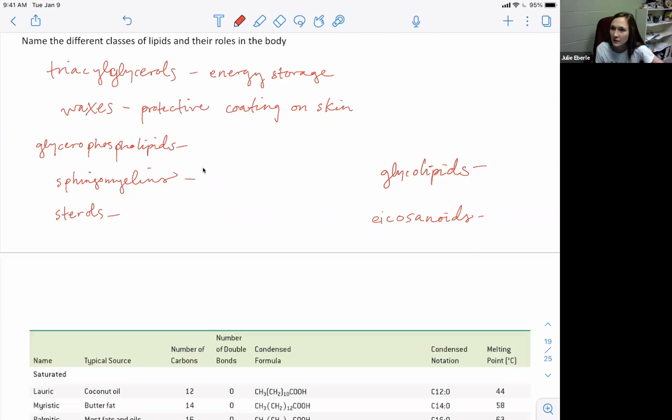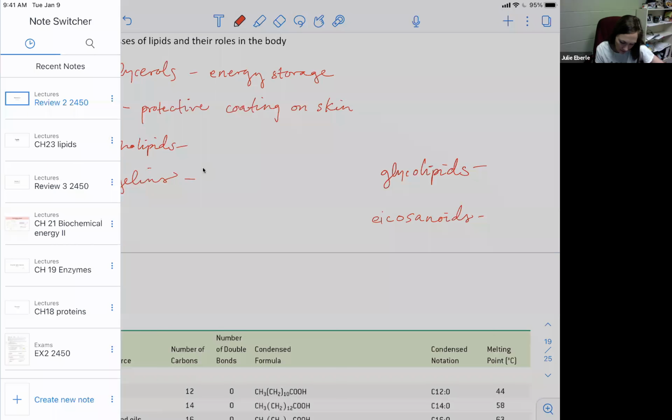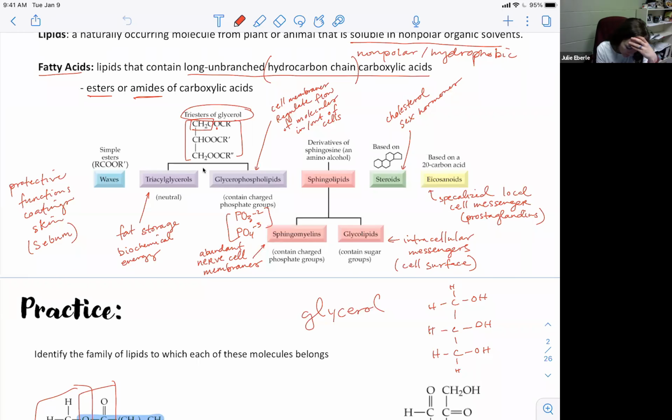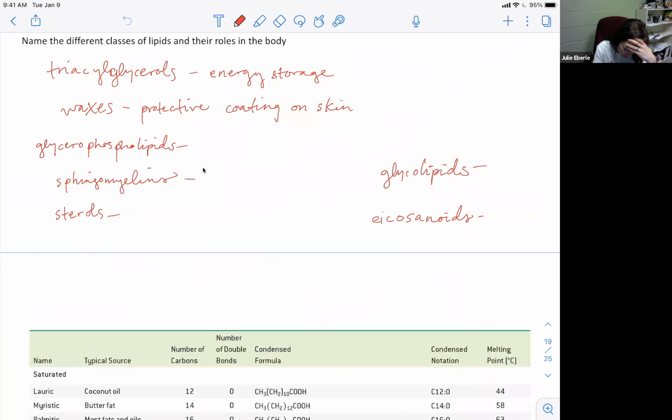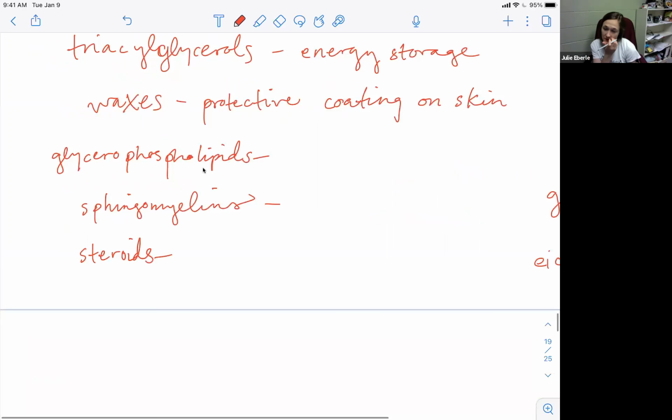What do you guys remember about sterols? Or sorry, steroids. Cholesterol being one of those. Anybody remember any of these? Should start with the first one, glycerophospholipids.